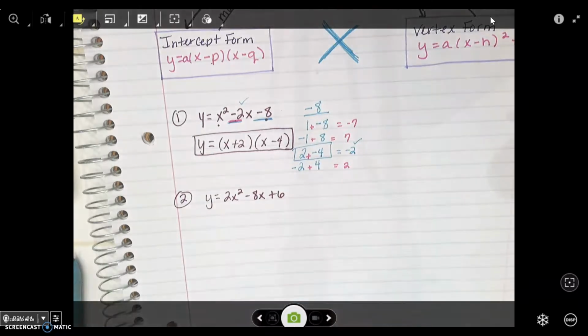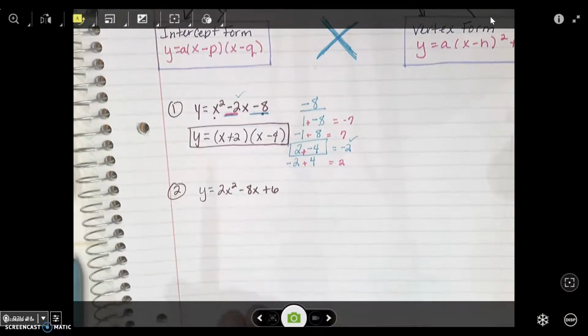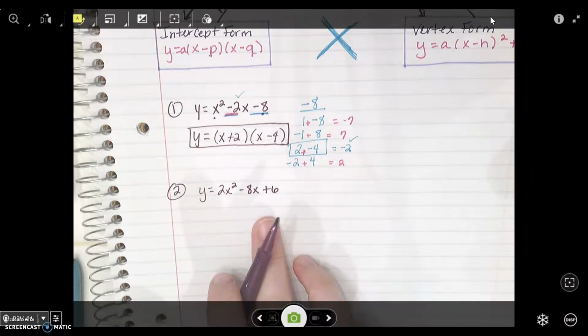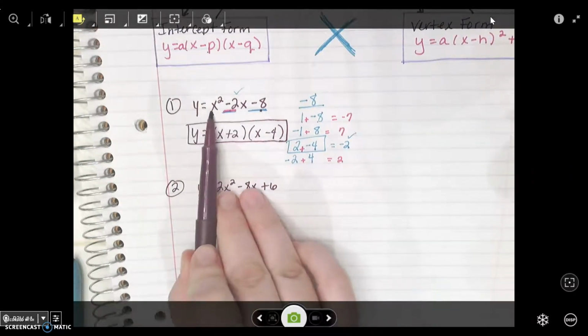Okay, so the first thing we learned about when we factored, we learned about something called the GCF. GCF stands for greatest common factor. Now, when you are factoring, you always want to check to see if your polynomial has a greatest common factor. This one did not because it was just x squared at the front.